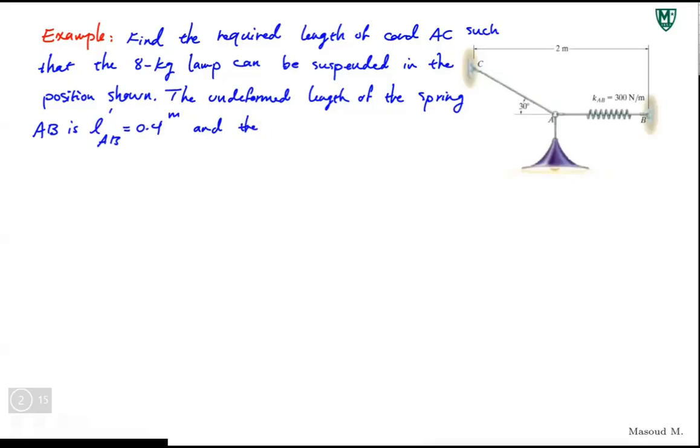Oh, that's already in the figure, but I'll just put it here. The spring has a stiffness of KAB equal to 300 Newton per meter.